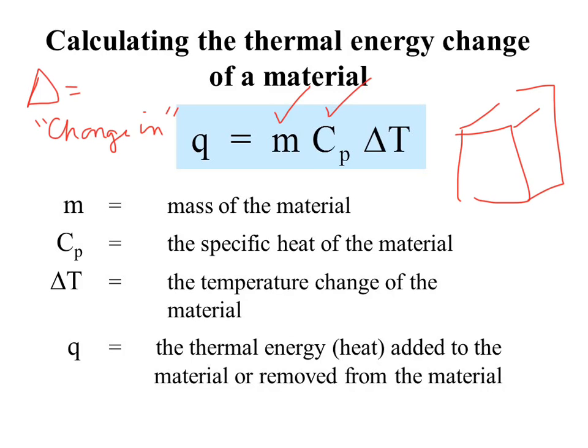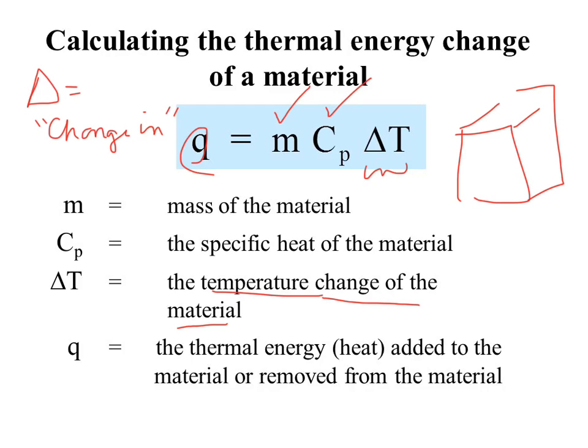When I see that delta, that triangle, I'll say the word change in, sometimes. So delta T is change in temperature. So kind of get that. That's here to stay, actually. So this is the change in temperature. It's right here. Temperature change. And Q is the change in energy.